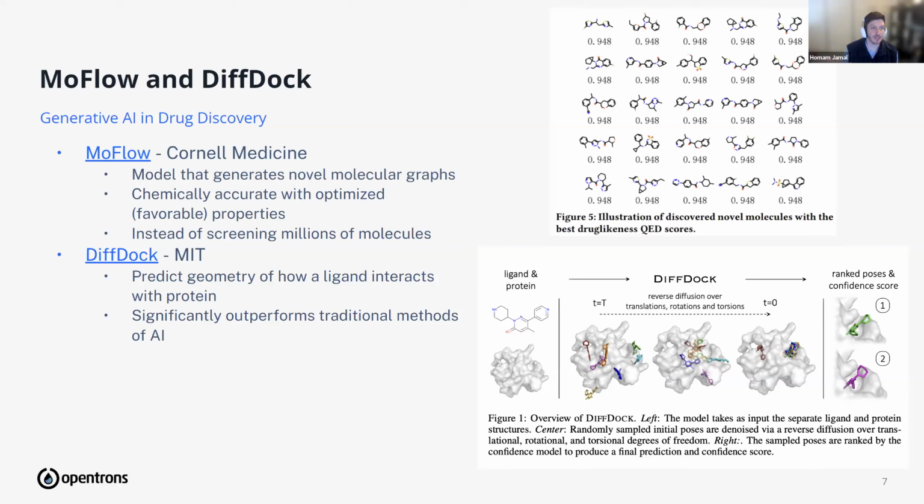This really simplifies that workflow and speeds it up. It uses generative AI to automatically find the most ideal molecules with the ideal chemical properties and conformations. On another level, combining all of this, you can use DiffDock, discovered by a group at MIT, to predict the geometry of how a ligand binds to these types of proteins.